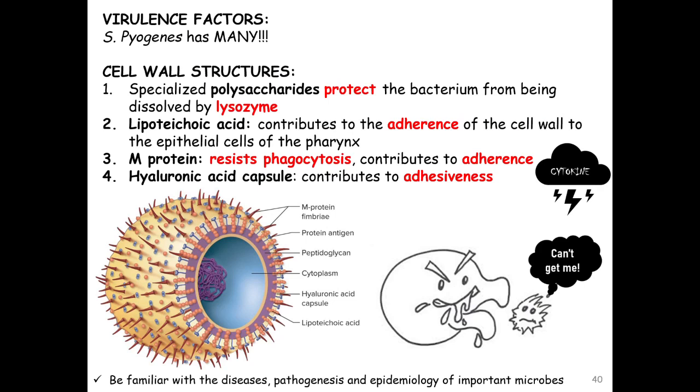Gram-positives have lipoteichoic acids, and theirs are very good for allowing them to stick to the epithelium in the throat. They have an M protein which resists phagocytosis. To remind you in a picture, it inactivates complement, and it's also a sticky protein, so they think it helps them stick.